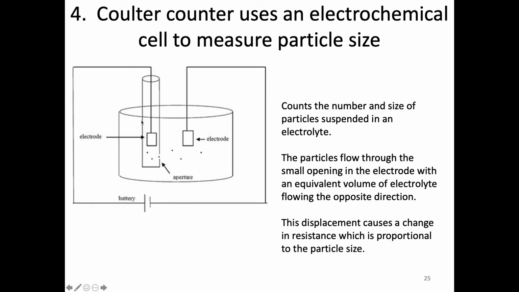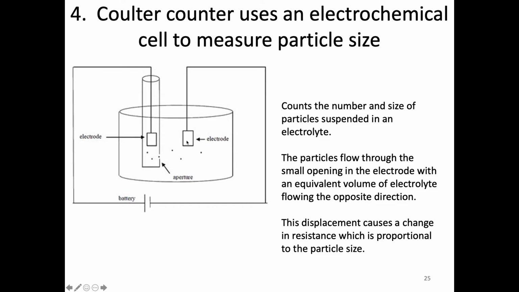Within this vial, there is a small opening known as an aperture. Our particles are within this vial that has an aperture opening into it, and we have those two electrodes. There's an electrolyte in all of this solution.